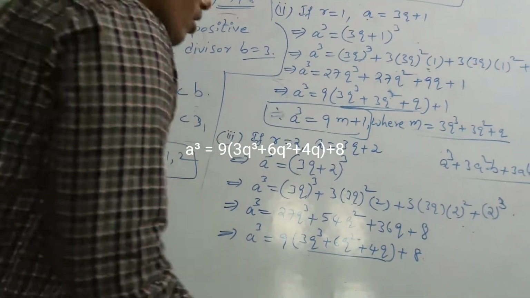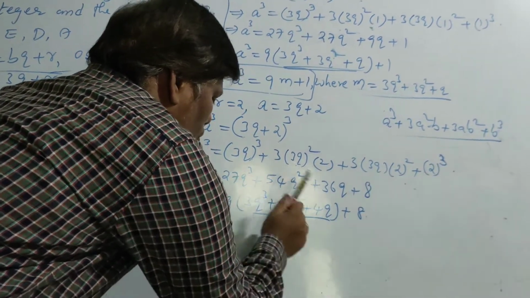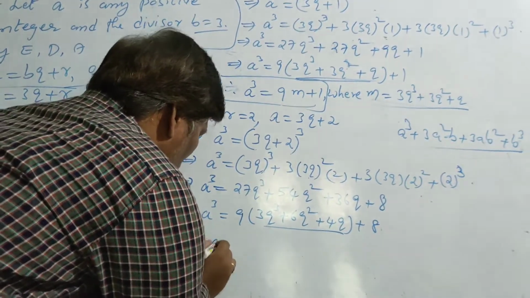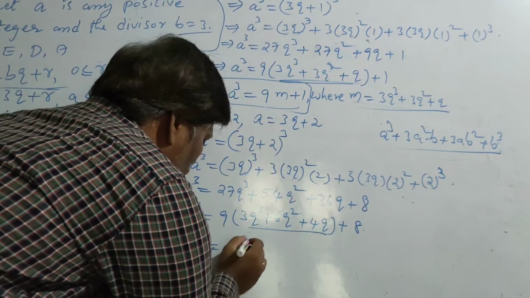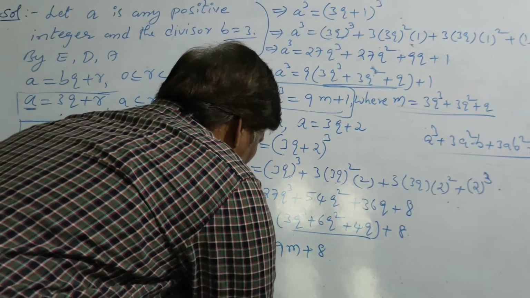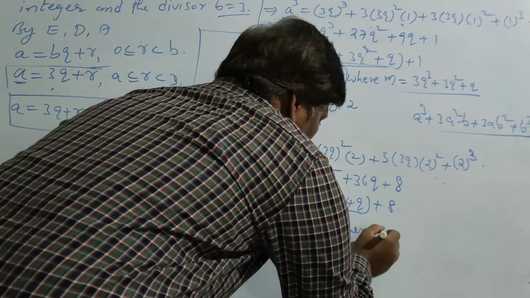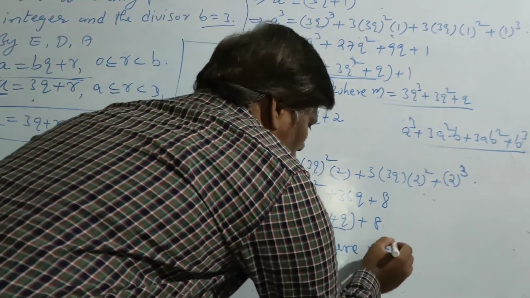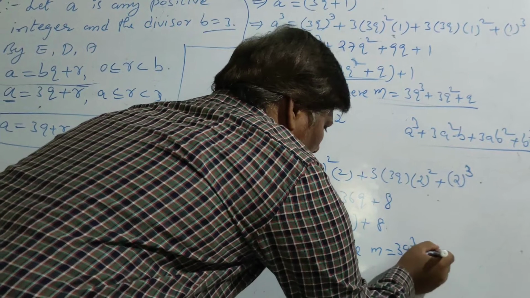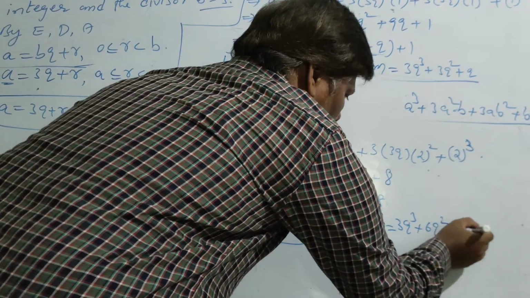So clearly for any integer q, 3q cube plus 6q square plus 4q is another integer. Let it be m. Therefore we will get 9m plus 8, where m is equal to 3q cube plus 6q square plus 4q.